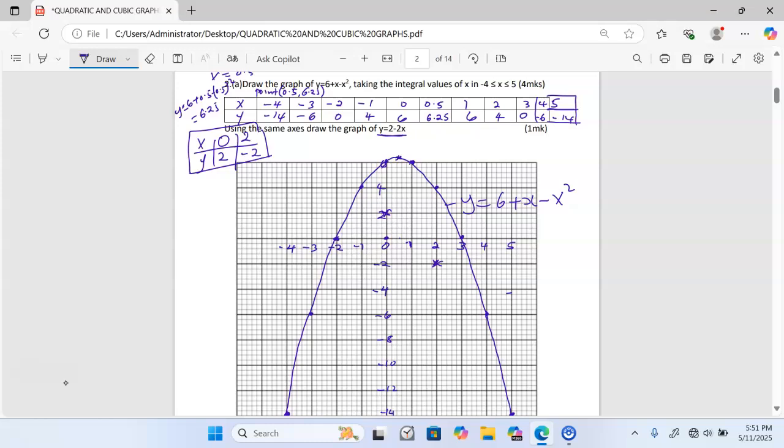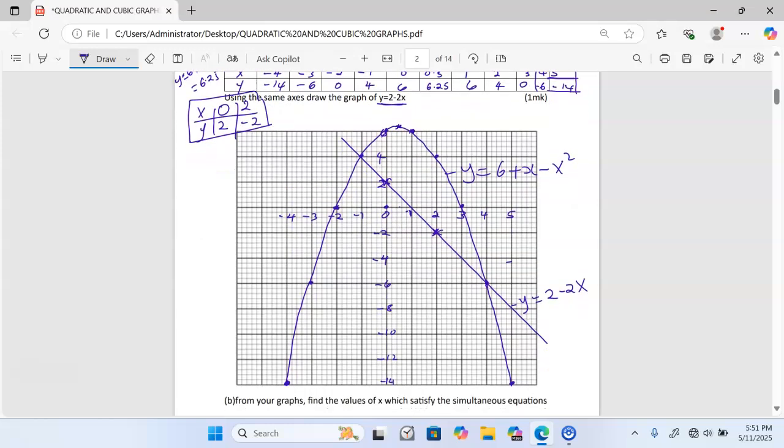We can join the points that we have plotted. After doing that, we can come and name our line here. y is equal to 2 minus 2x. And from there now we can give the solutions.